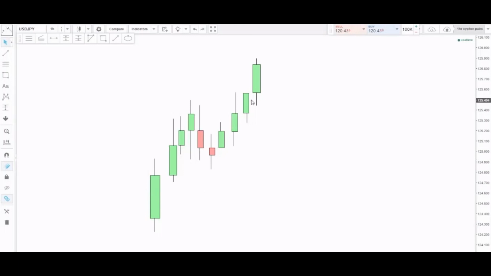In this situation, forgive my terrible drawing of these candles, we see that the market came up, retraced down to this swing low, and then we broke above the most previous structure level here.